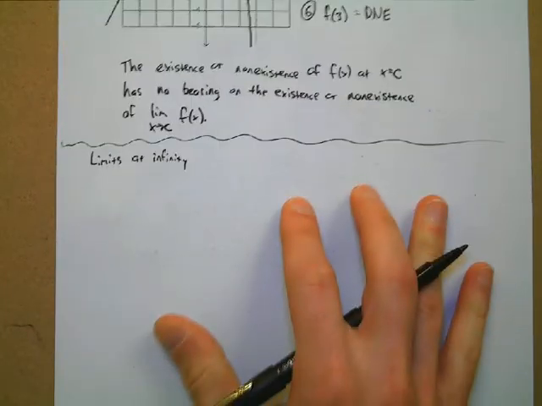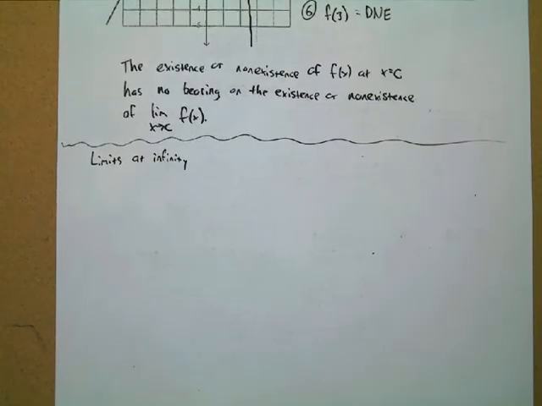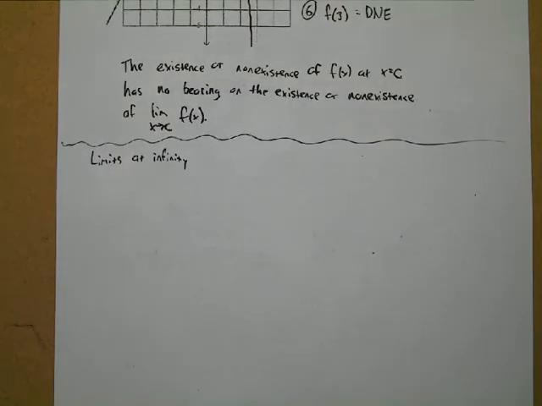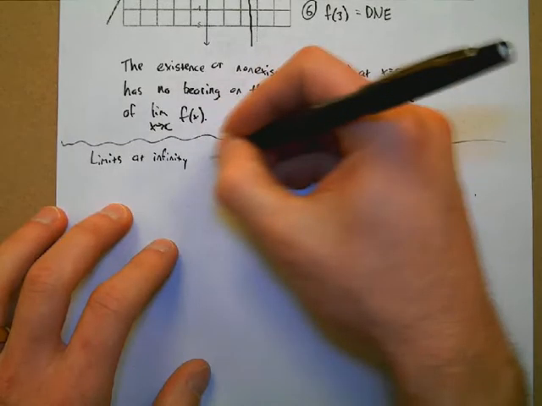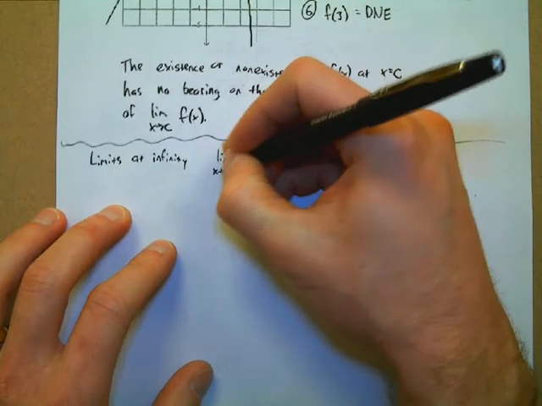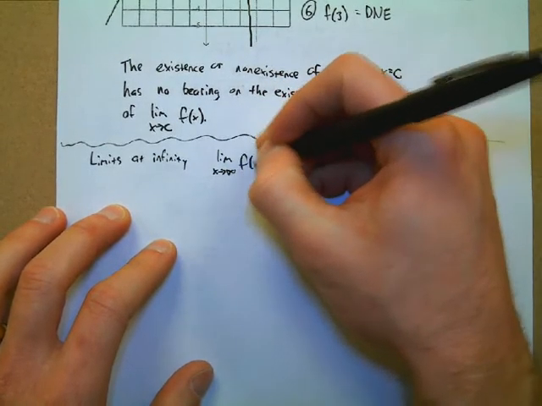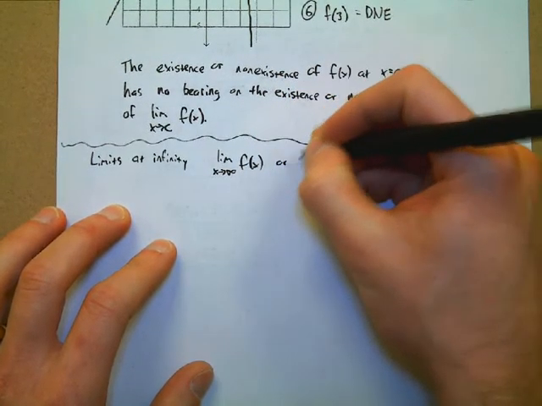What I mean by that is the limit as x approaches positive infinity of f of x, or the limit as x approaches negative infinity of f of x. Believe it or not, even though x is going off to infinity, the value of the function sometimes can approach a finite number.